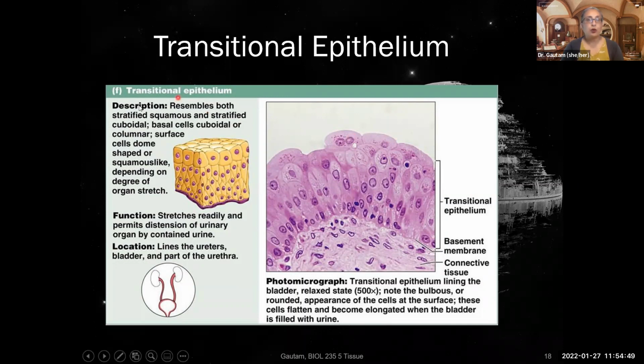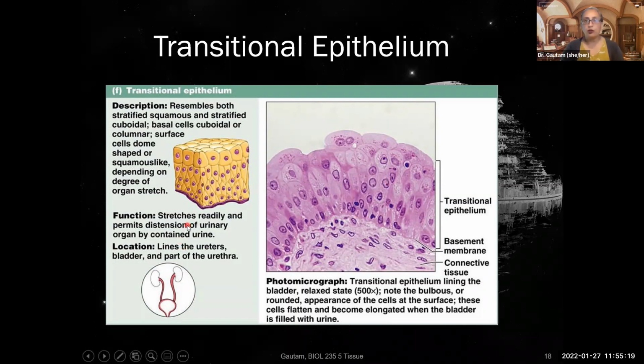The transitional epithelium resembles both stratified squamous and stratified cuboidal. The basal cells tend to be cuboidal or columnar in shape, and they become more squamous-like as you get towards the lumen. They kind of flatten out. So what that allows is stretching, or distension, of that tissue.